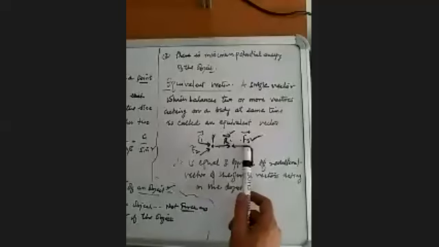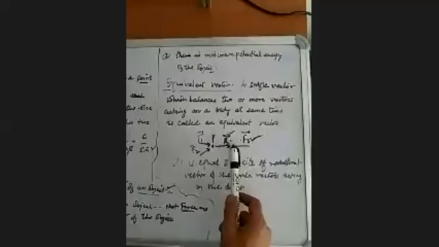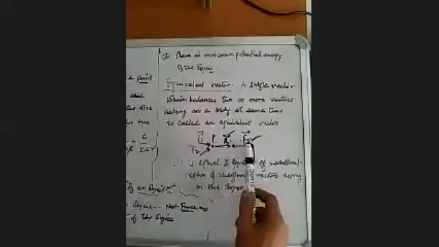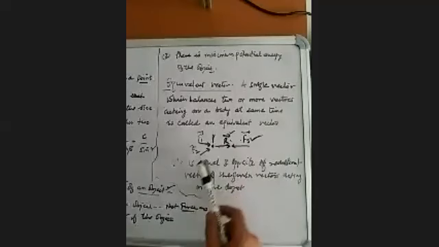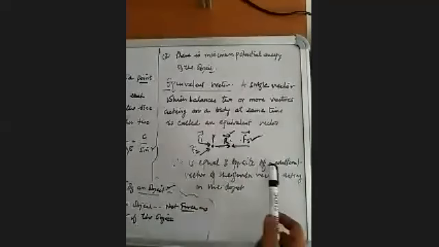Then another force acts in such a way that it balances the result of these two forces. Then we say that force F3 is the equivalent vector of these two force vectors F1 and F2. So it is equal and opposite to the resultant vector of the given vectors acting on the object.